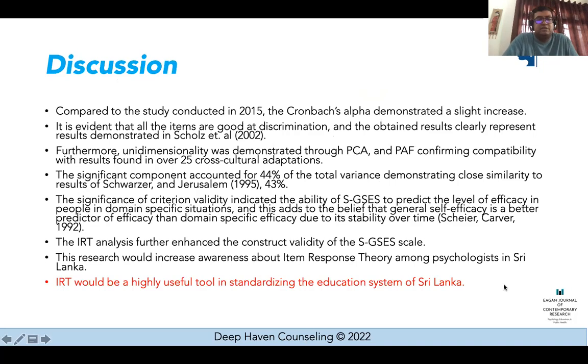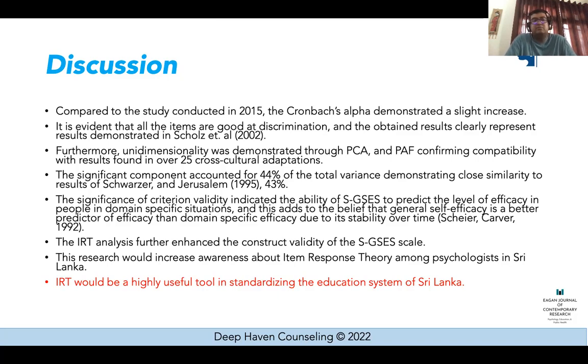So the discussion: compared to the study conducted in 2015, the Cronbach's alpha demonstrated a slight increase, so that's pretty good. And it is evident that all the items are good at discrimination, and the obtained results clearly represent results demonstrated in Scholz et al. in 2002. Furthermore, unidimensionality was demonstrated through principal component analysis and principal axis factoring, confirming compatibility with results found in over 25 cross-cultural adaptations.